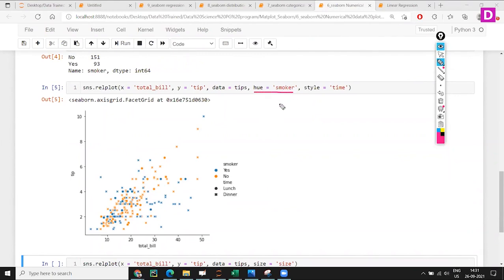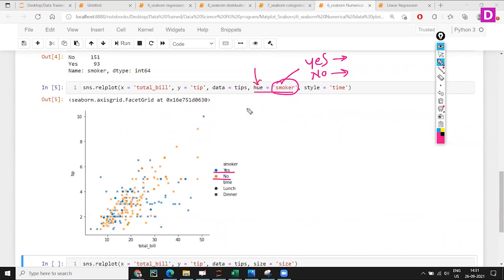What this will do is color code. In smoker we have yes and no, right? So yes will be color coded with one color and no will be in another color. So yes is blue, no is orange. It will differentiate yes and no with colors.